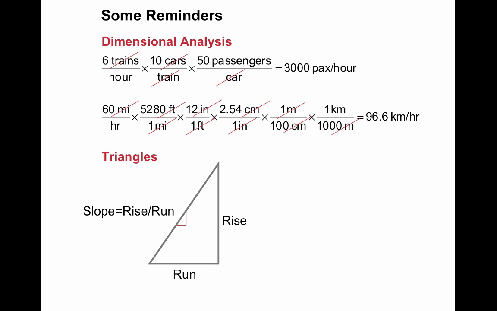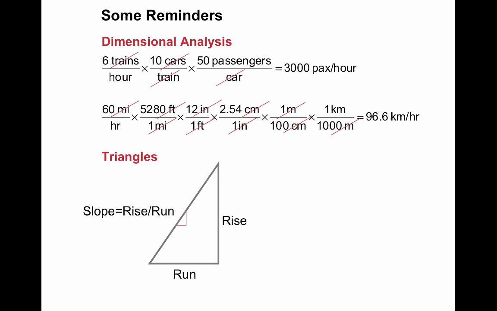Just as a reminder, dimensional analysis is a nice way to keep track of units when dealing with traffic variables. This is applicable in many fields of study. You probably first came across this in chemistry. This example shows how you can calculate the capacity of a rail line if you know that there are 6 trains per hour with 10 cars per train and 50 passengers in each car.